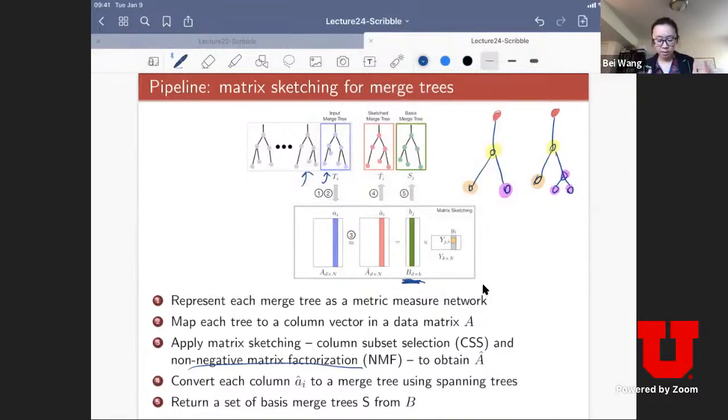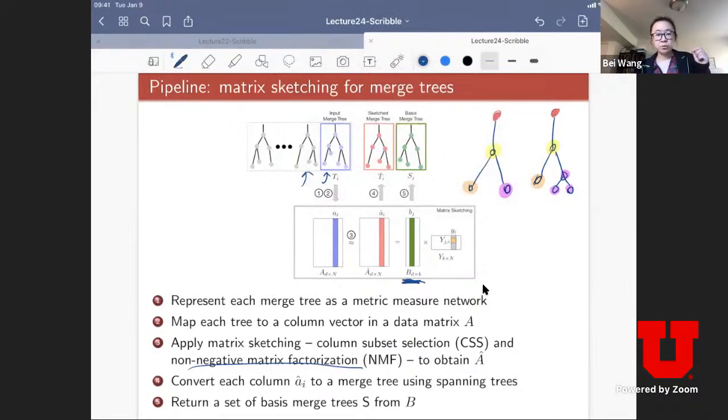Once we apply this matrix sketching, we know that the matrix A is now approximated by matrix A hat, where every single column of A hat is a linear combination of columns in B. So my B is the matrix that encodes my basis vectors. Each column is a basis vector.